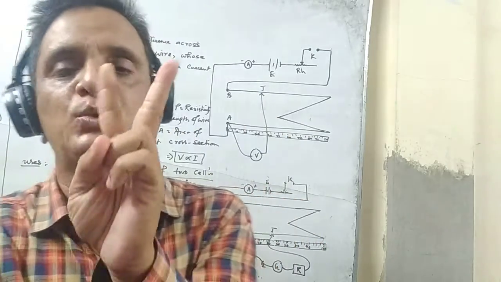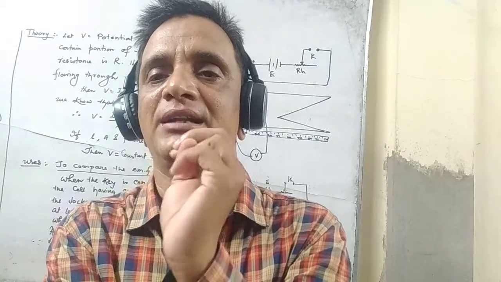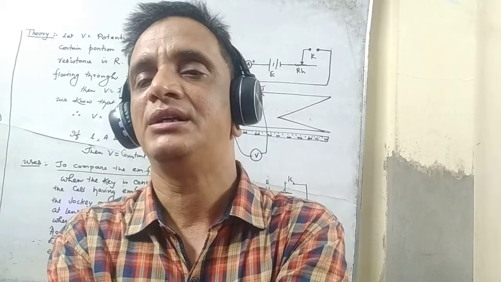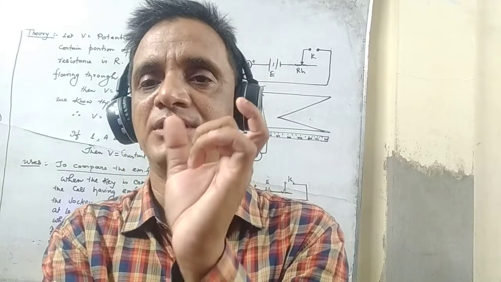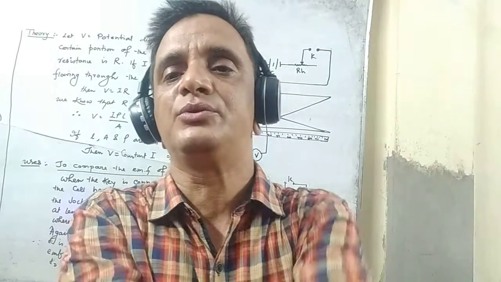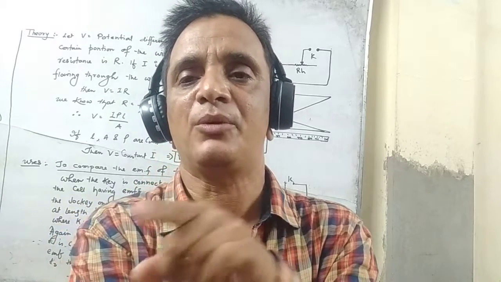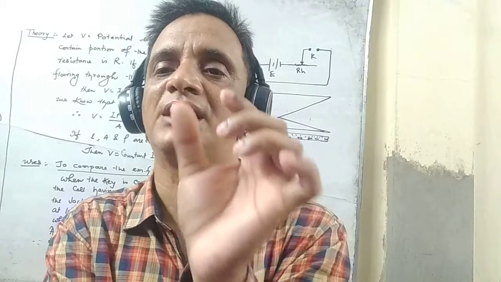In the cell, there are two electrodes. The potential difference between these two electrodes is known as the EMF. And if you connect these two electrodes with a wire, there will be resistance in the wire, and you cannot get the exact value of the EMF.